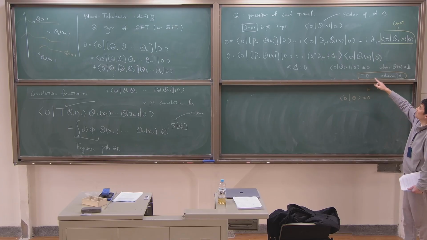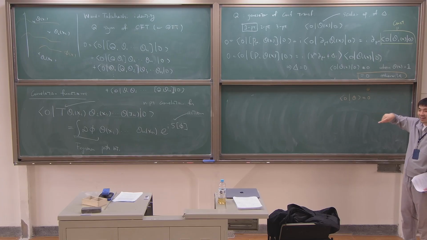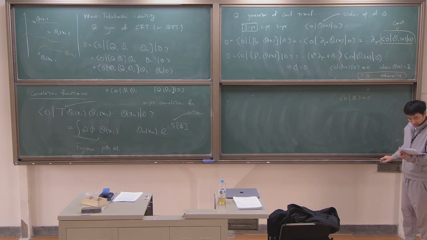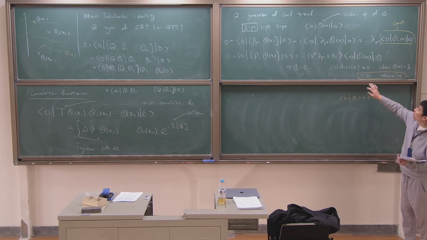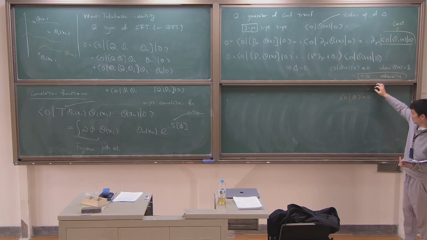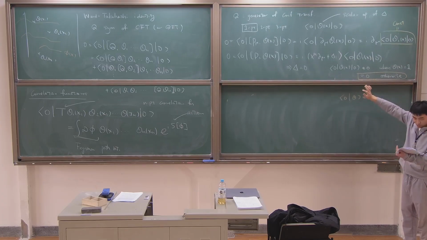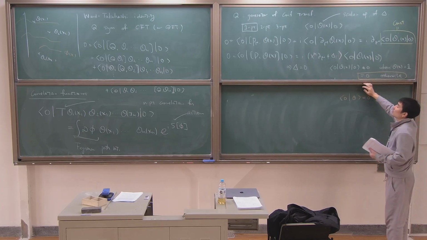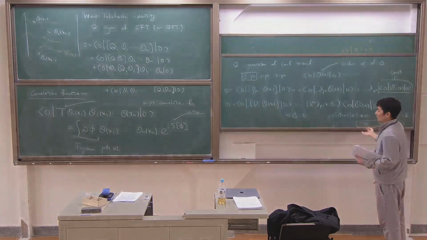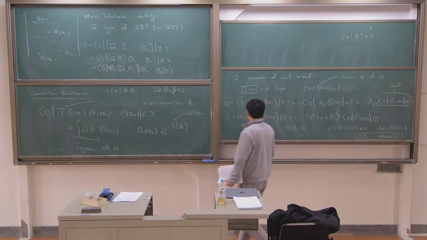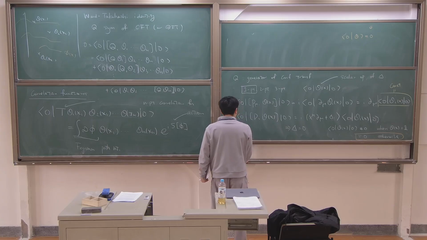Sorry, here I use 0 instead of omega. This means omega. I always use radial quantization, so I should use omega instead of 0. I will change the lecture notes; this should be omega everywhere.